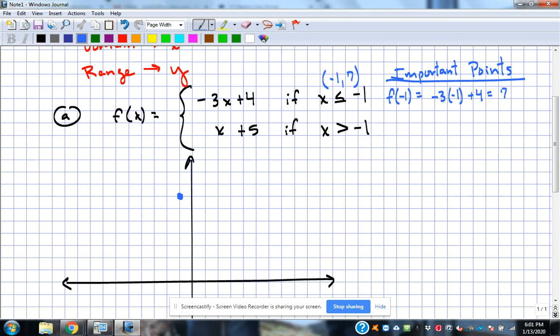Okay, so I want to follow this graph with those x values. What do we know about negative 3x plus 4 in terms of just it being itself? What kind of function is it? What does its graph look like? It is a line. It's slope-intercept form of a line, negative 3x plus 4.